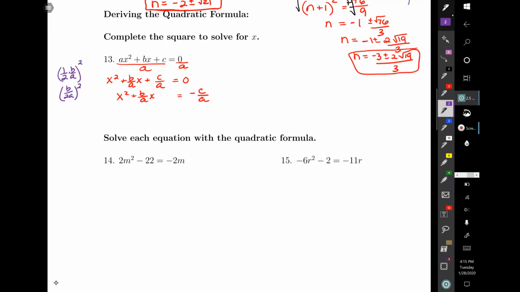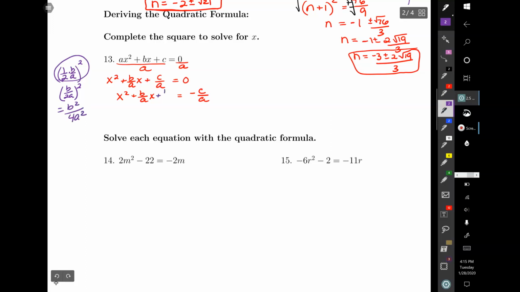So now we have the blank we need to fill in to complete our square. I've done some work over here to the left. We have a half times b over a, or b over a over 2 would be the same, all squared. So that leaves us with b over 2a squared, which equals b squared over 4a squared.